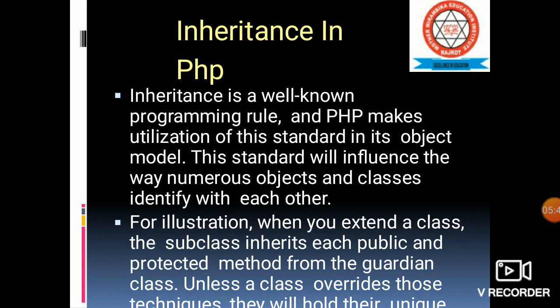This standard will influence the way numerous objects and classes identify with each other. Or in other words, when a class is defined by inheriting existing functions of a parent class, it is called inheritance. Your child class will inherit all or few members, functions and variables of a parent class.